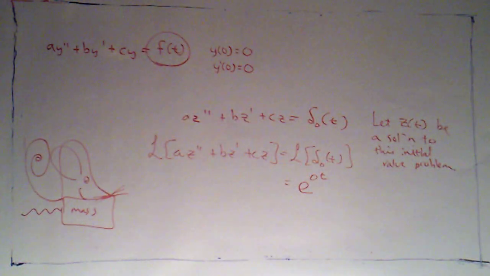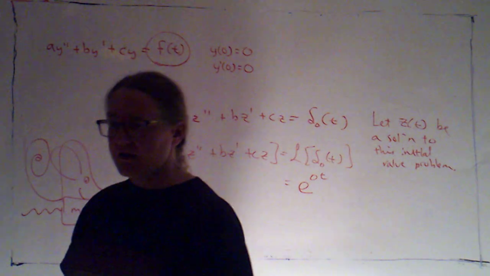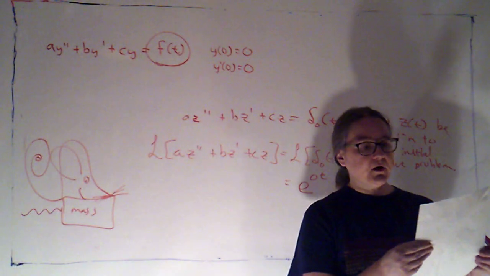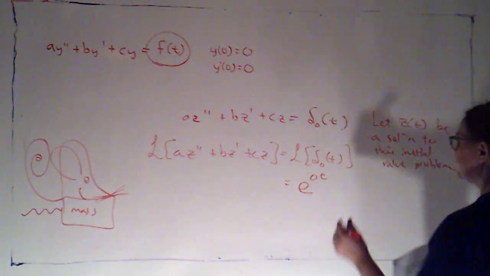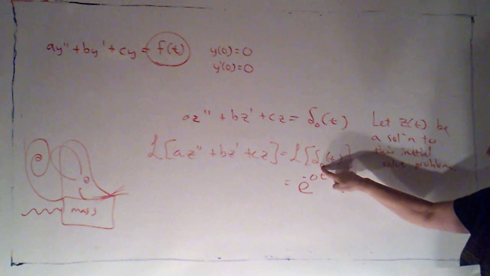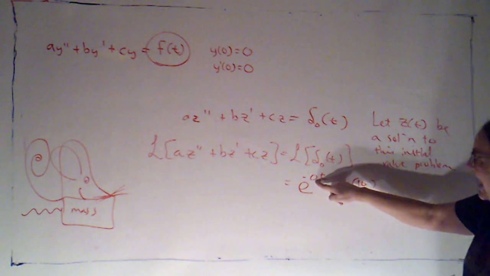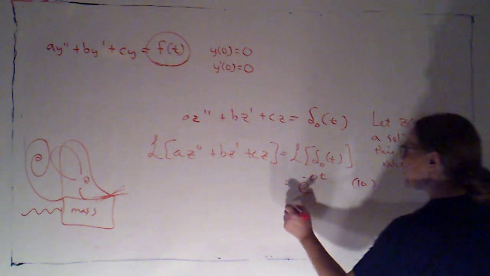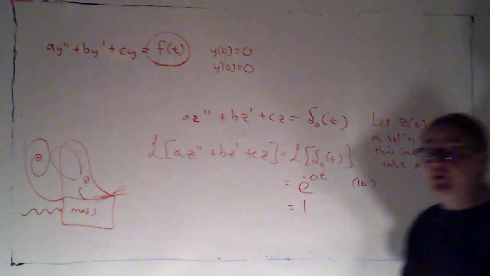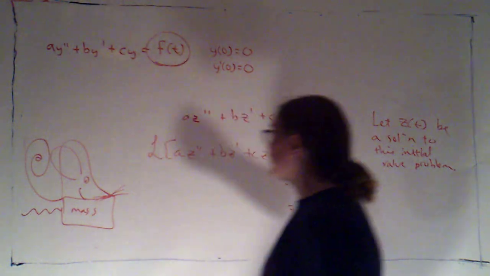Where's my formula sheet? Here it is. Yes, it's a negative. Doesn't make a difference when it's 0. That's formula 10, that the Laplace transform of the Dirac delta function at a is e to the negative a times s. But of course, that's just 1. That's what's very special about the Dirac delta function at 0.